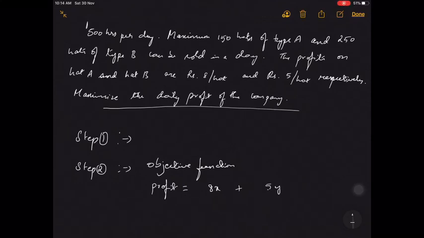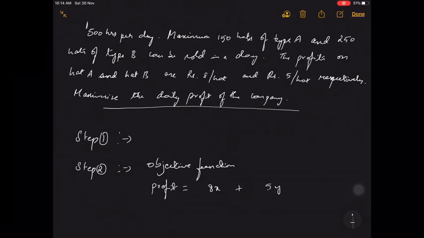Collectively it is 8x plus 5y. That is, the total profit that you get from both hat A and hat B is 8x plus 5y. Now this is the objective function.